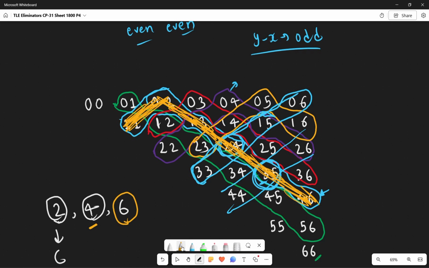Let me mark the elements that are discarded in this color, in this stripe. So these are the elements that you will discard if you have 6 in the set.